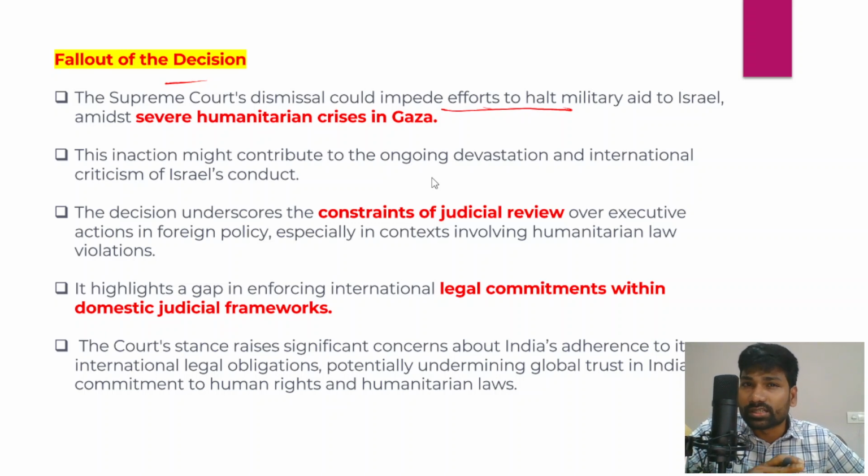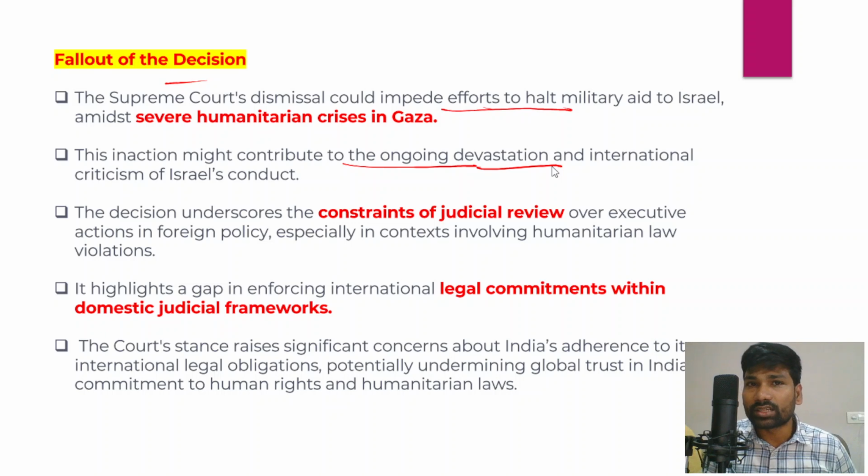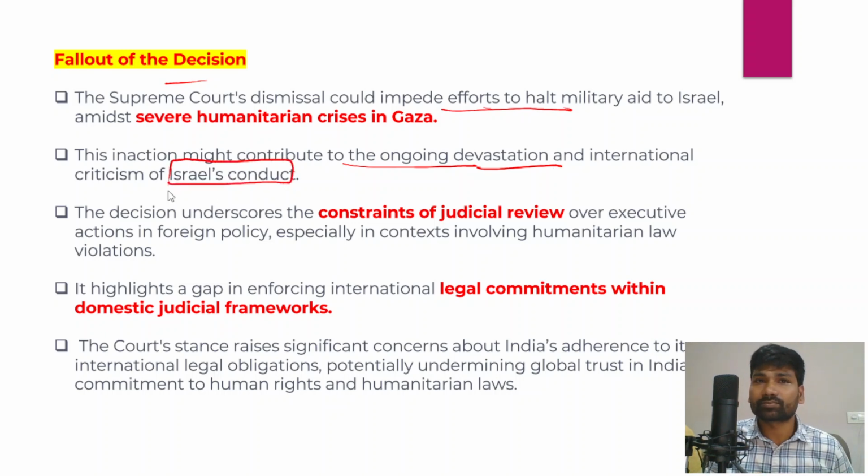This is the author's opinion, and in fact the inaction on the part of the Supreme Court might also contribute to the ongoing devastation and the criticism of Israel's conduct as well.